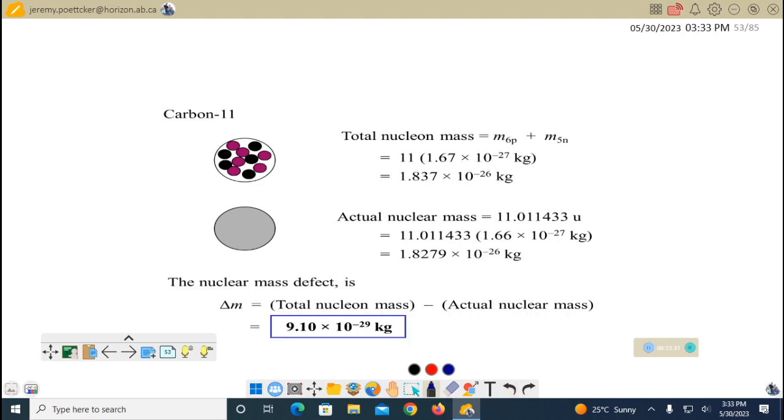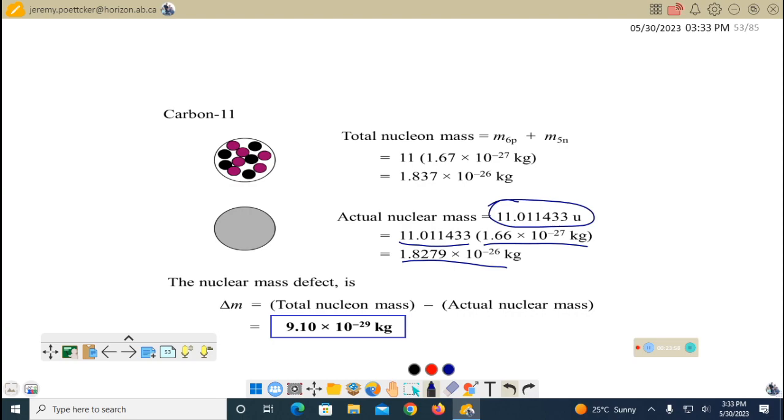And so we would take the actual nuclear mass, 11.011433 times U, so that number times 1.66 times 10 to the negative 27 kilograms, which gives us this.